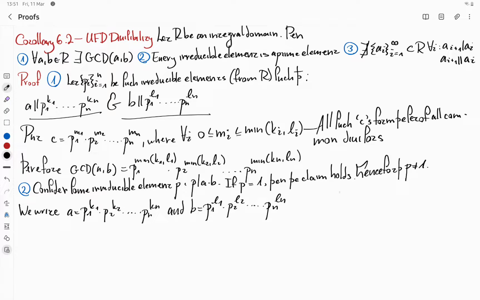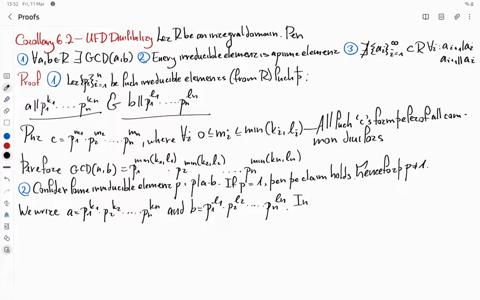We use the same trick as we used in the first section. That is, if A has some element that does not share a factor, say P6, with B, then that's okay. We just write it in the factorization with the 0 exponent, right? So it's safe, it's fine.